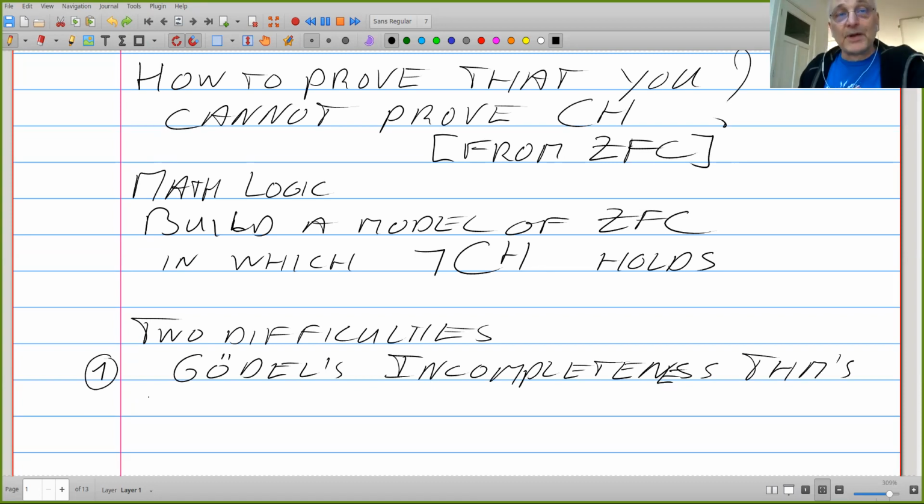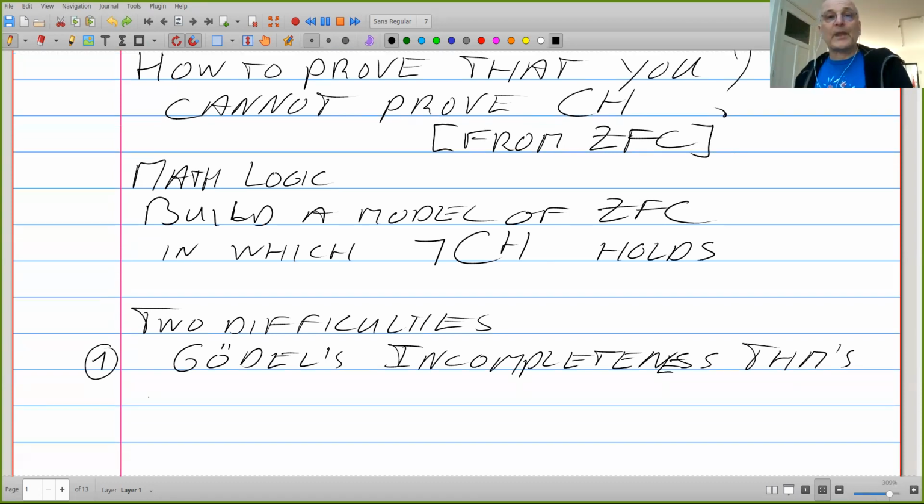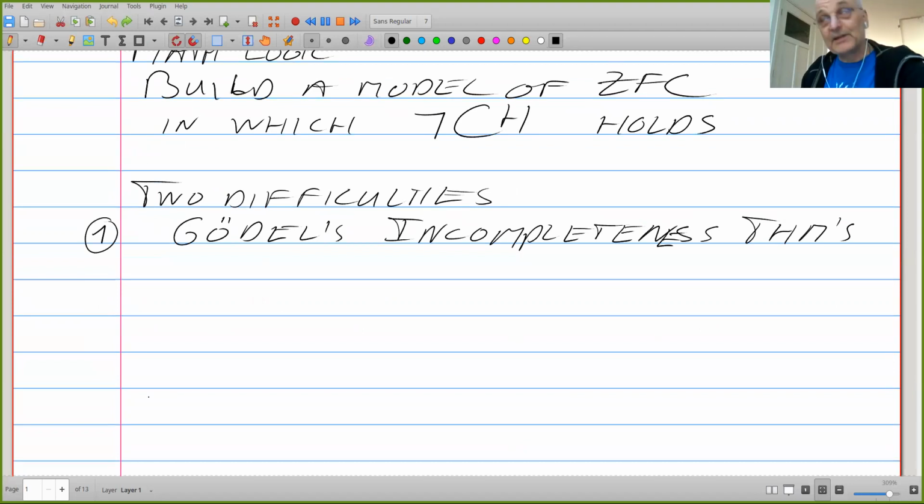How do we construct a model? Well, a model is a set where we assign to any predicate and any function letter in our language a subset of a power of the set, or a function from a power of the set to the set itself. These are the things that we assume you know from some course in logic that you have seen before.